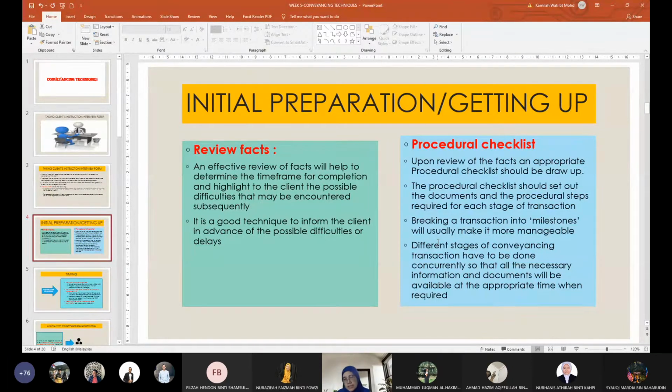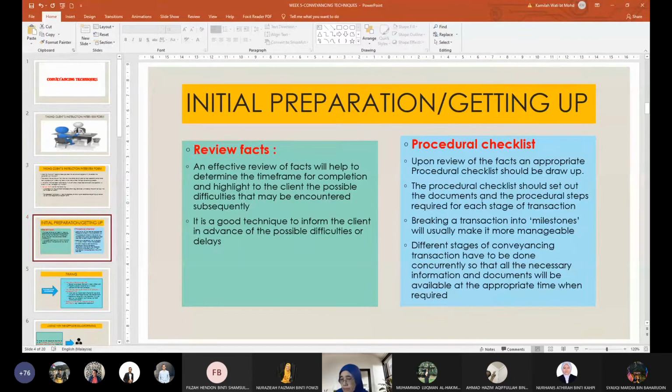So dia ada lagi procedure checklist acting for vendor property without title. Procedure checklist acting for purchaser property without title. So dia ada empat set of procedural checklist. Ini conveyancing committees yang prepare lah, boleh tengok. Dan lain-lain legal firm dia ada lain-lain format lah.